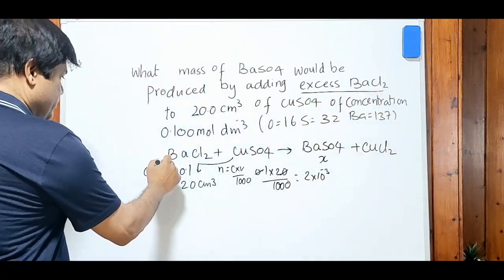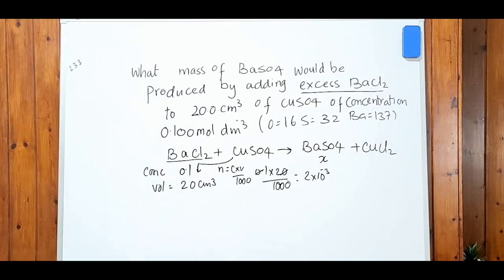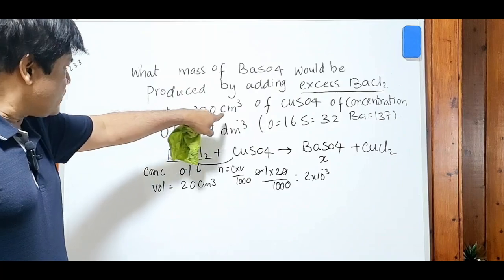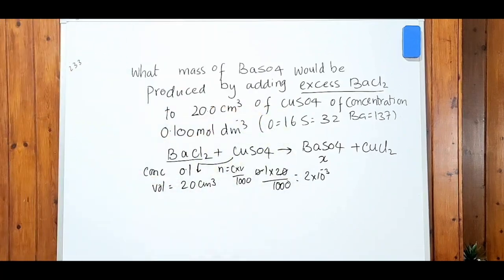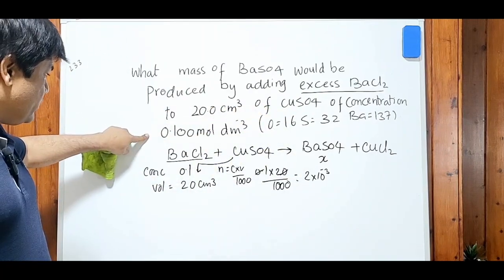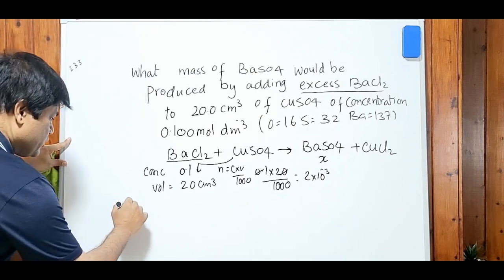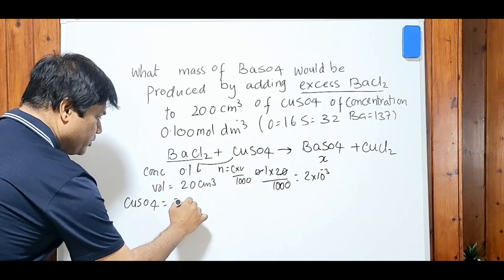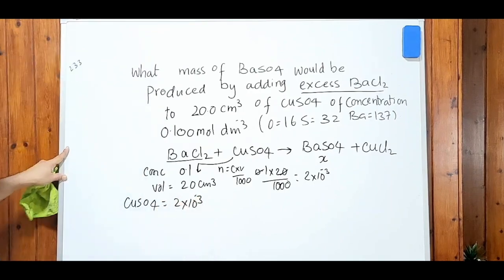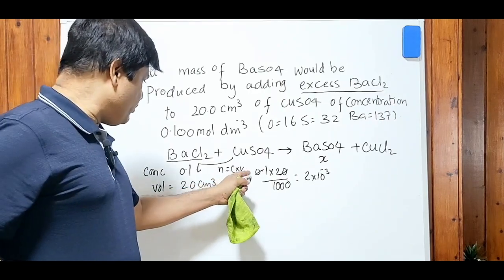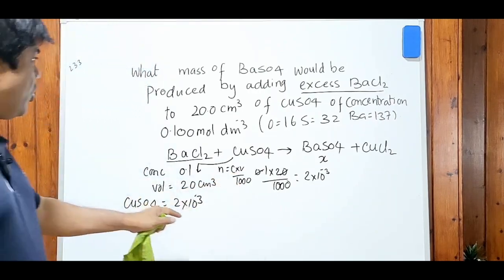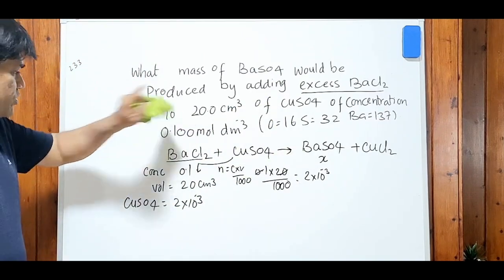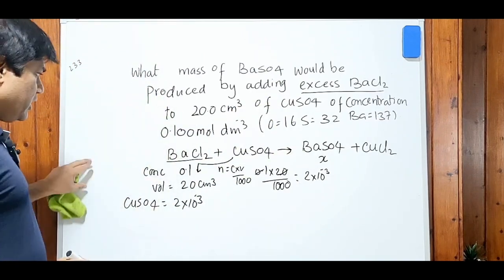So that says in excess. To 20 centimeter cube of copper sulfate, and a concentration of copper sulfate is given. So I'm writing here CuSO4 number of moles equals 2 times 10 to the power of minus 3. How? C times V divided by 1000. Conc of copper sulfate is given, volume of copper sulfate is given. So that's the number of moles.